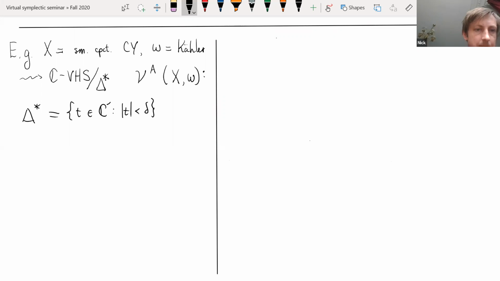We're actually going to use the parameter capital T, which is the inverse of little t, on this punctured disk. It'll make the rest of the talk work. Okay, so that's the base of our family.